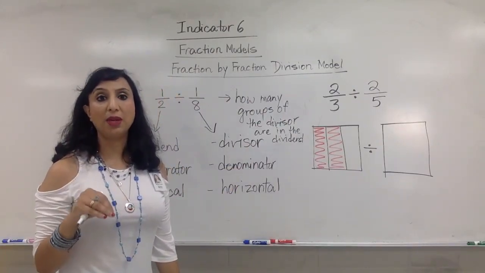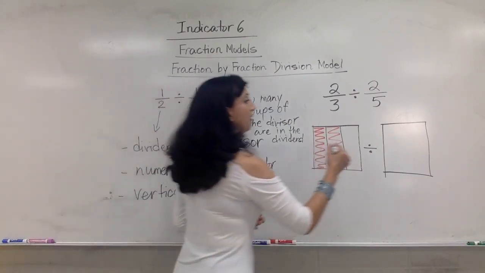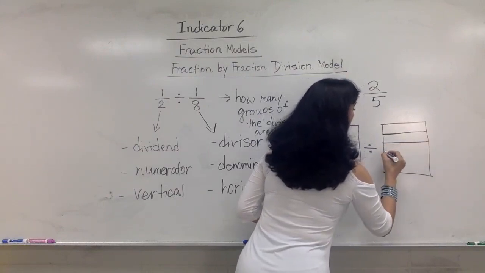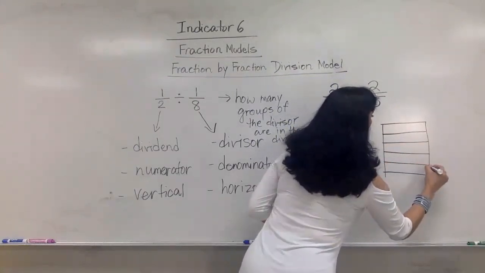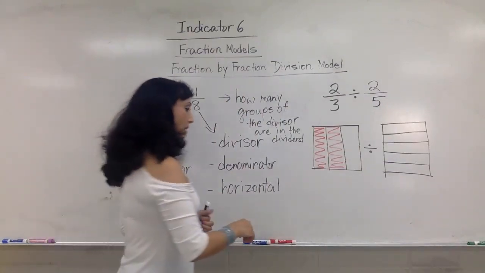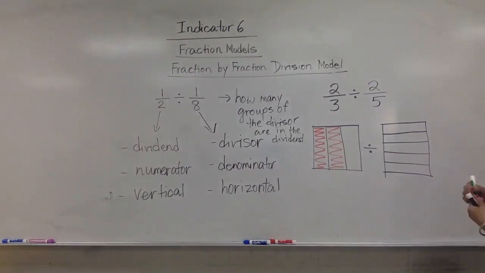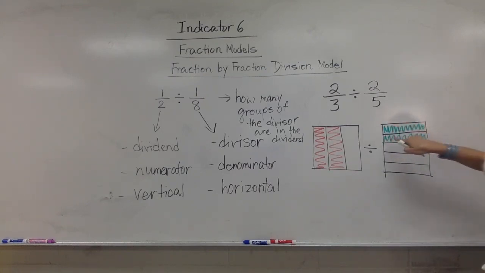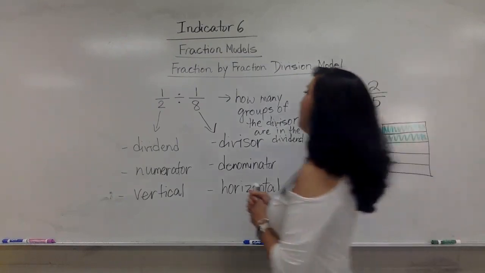And since my denominator is 5, I am going to make 5 of these. 1, 2, 3, 4, 5. And since it's 2/5, I am going to color in 2 out of 5. Here's 1. And here is 2. So 2 out of the 5 are colored in. All right.